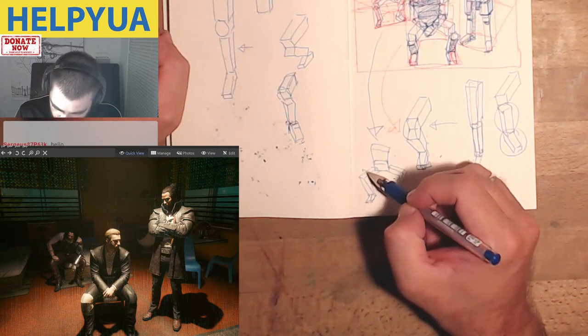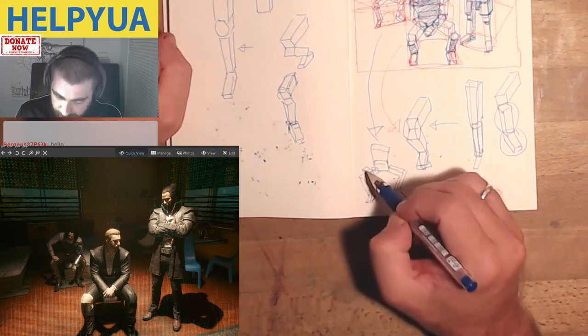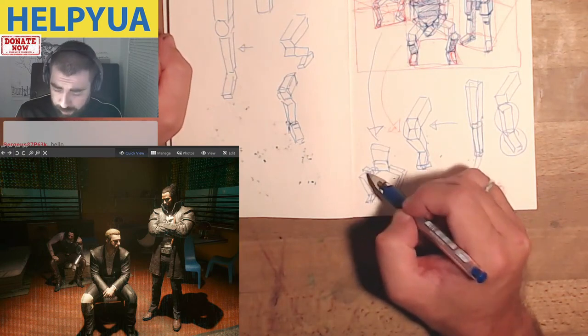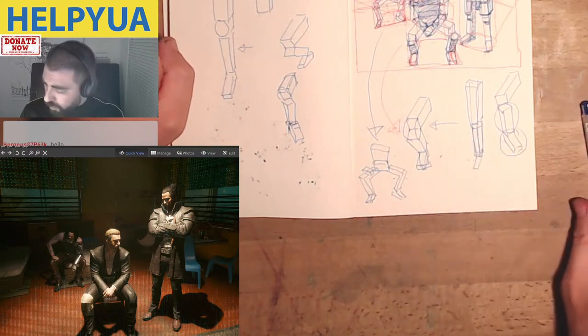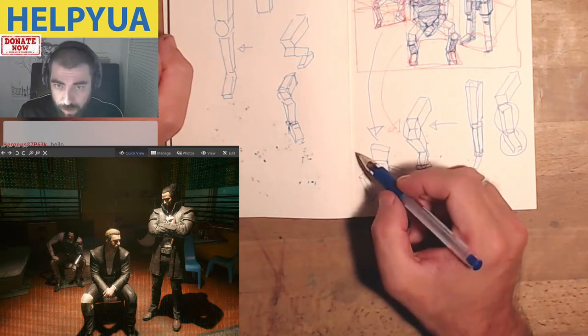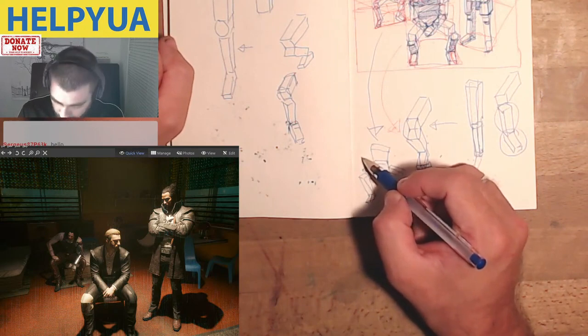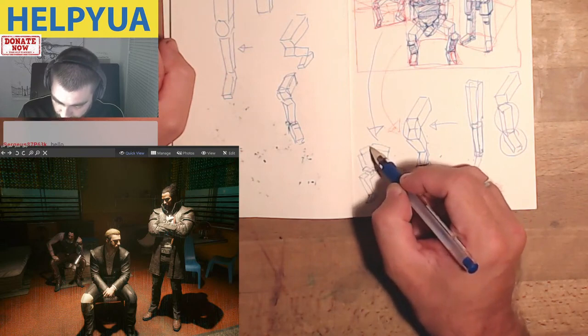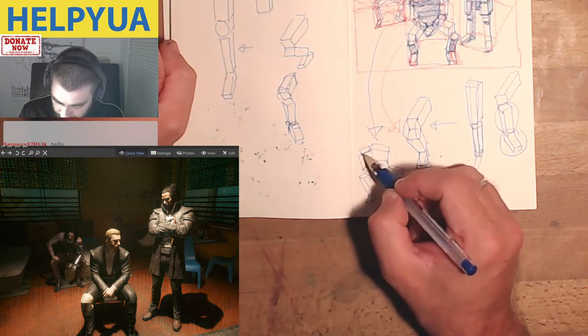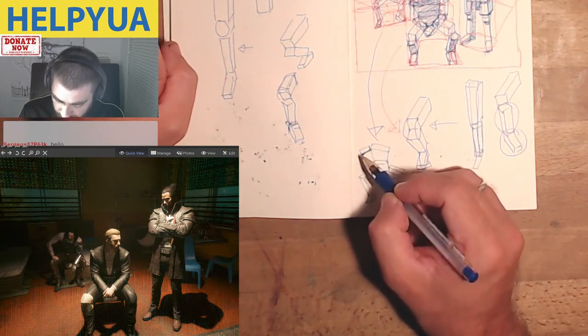Then his hand, this one is in pronation, this one also actually in pronation. So we're looking kind of from the side. So here the biceps is kind of flat from this angle.